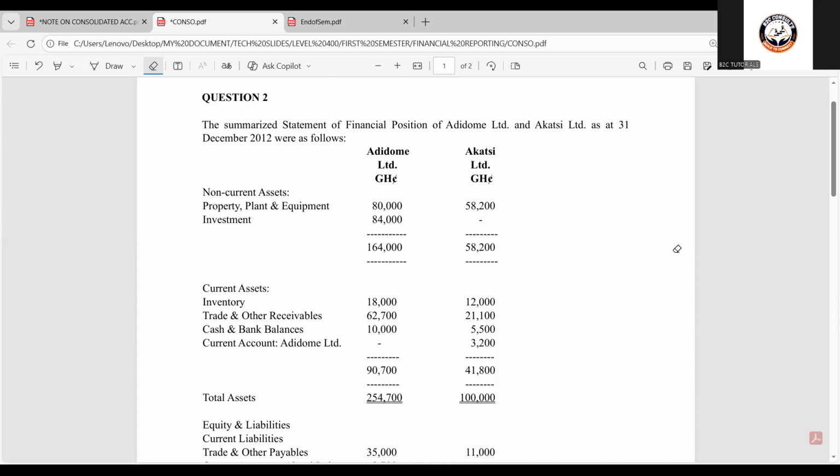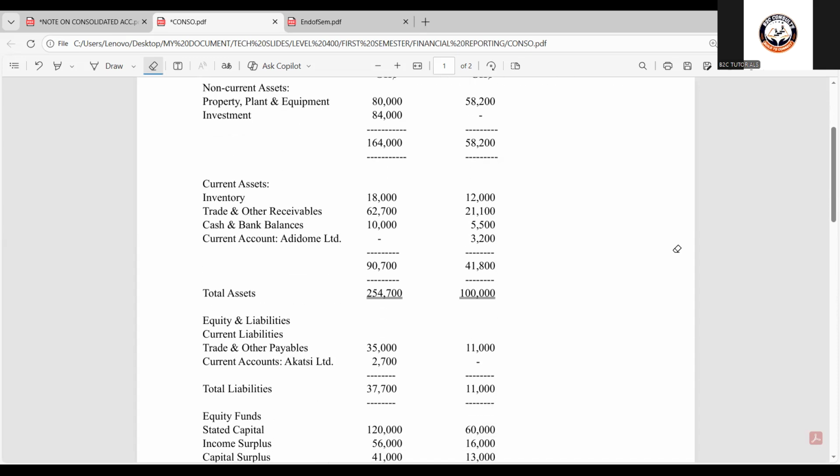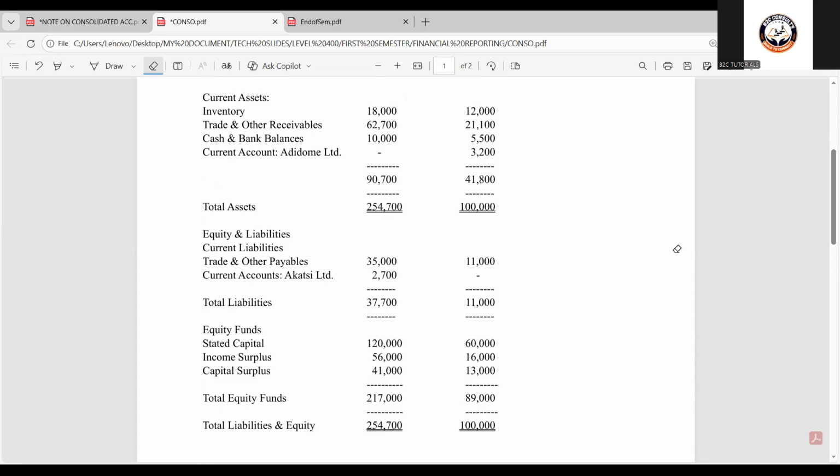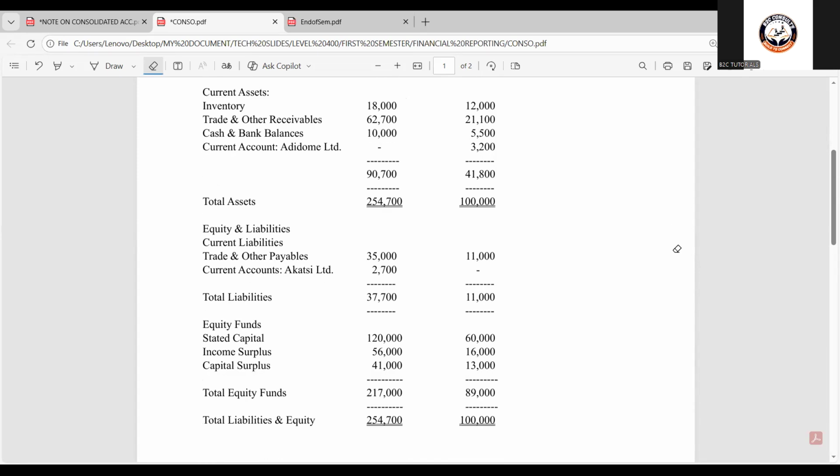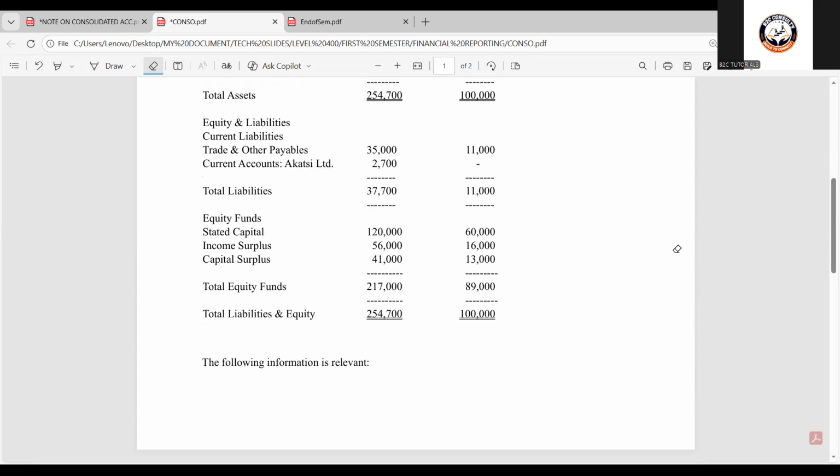Then we come down to total assets, equity and liabilities, current liabilities, trade and other payables, current account Akachi Limited. Then we come to total liabilities, then equity funds, stated capital, income surplus, capital surplus, total equity funds, total liabilities and equity.